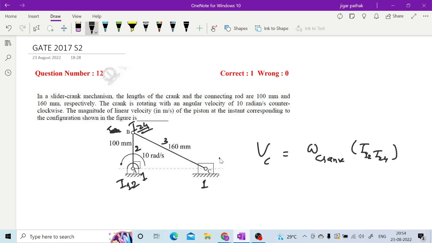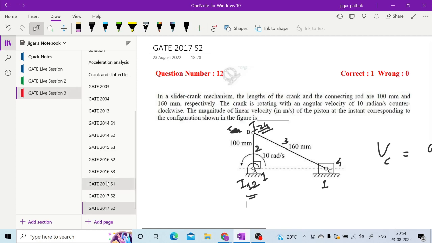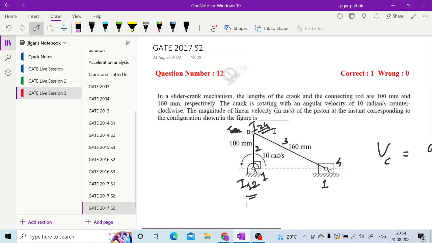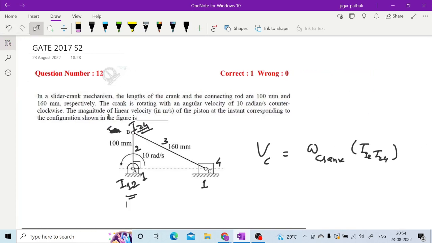So I12 will be here only, but I24 will lie here, instead of extending it and all as you were doing previously in previous slides. If you see, you are doing it by extension, this I24. Are you getting what I'm trying to say? Yes, sir. So I24 will lie on this same point here as point B, right? So now it is easy, right?